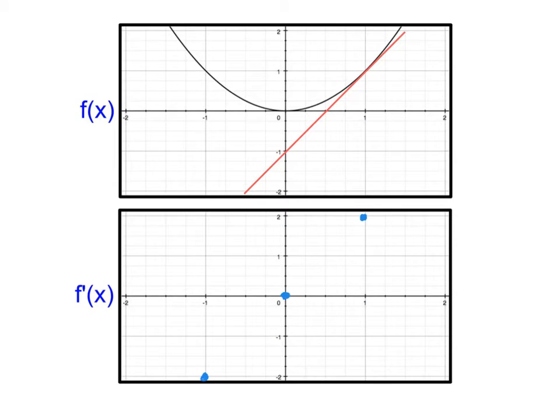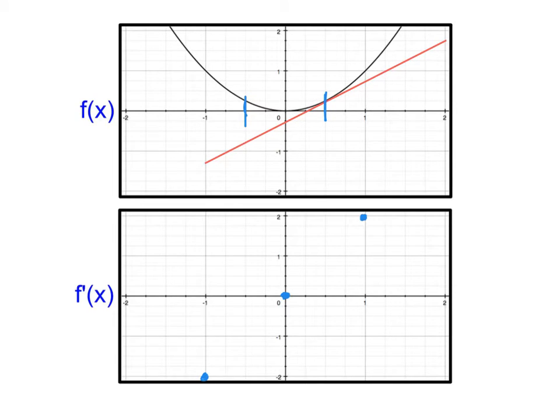Now, having done those, that still doesn't tell me what the shape of the graph is between those points. So I'd like you to please find two other slopes. Please find the slope here at -0.5 and up here at +0.5. And so here I've visualized the tangent at x equals 0.5.